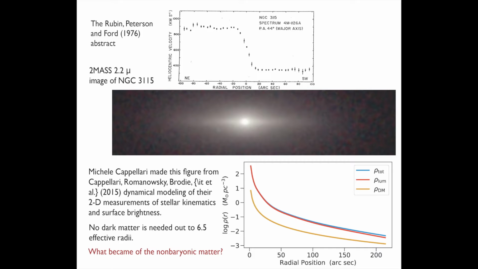But here, consider this example. This is an image taken from the web. It's a stunning image, isn't it? And I hope you can see the faint traces of dust lanes running into the center and that whirlpool-like center.